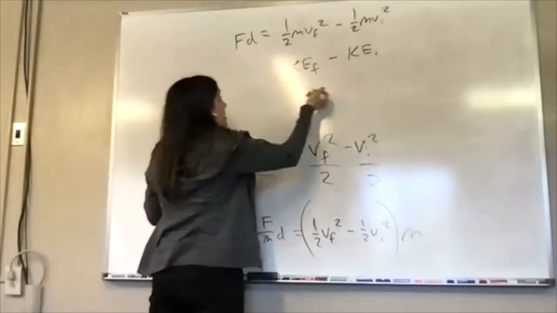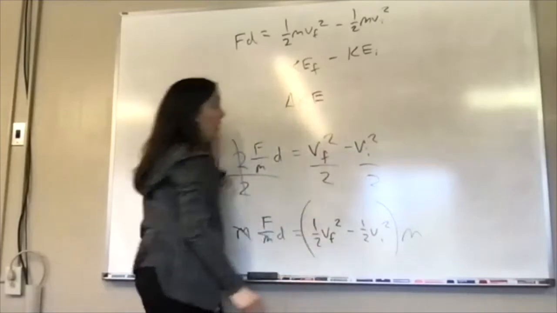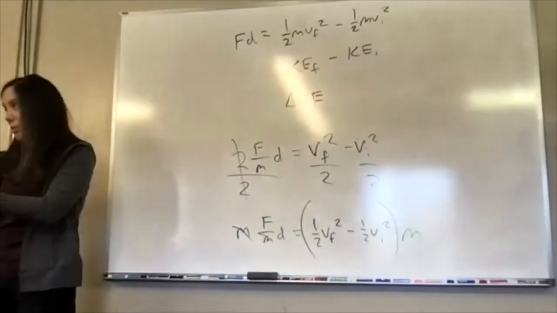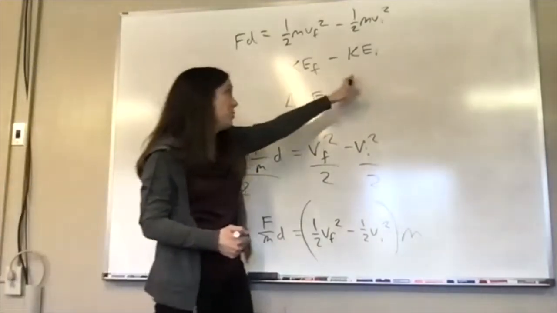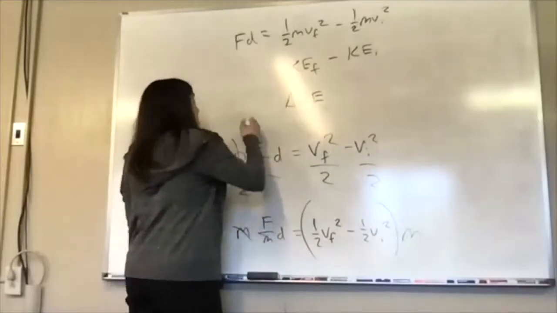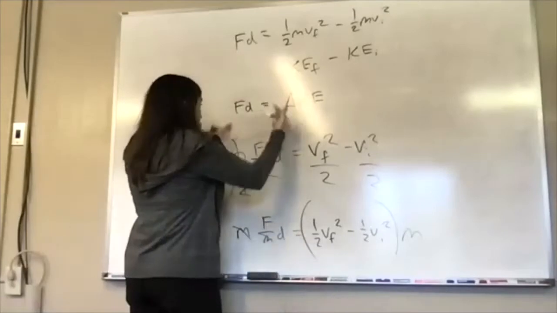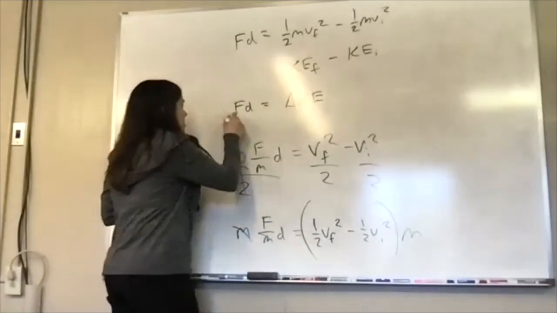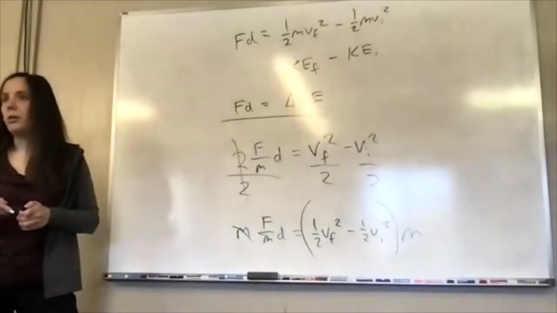So that's the same thing as saying the change in kinetic energy, right? Because change in is always final minus initial. So final kinetic energy minus initial is the change in kinetic energy. So what we're saying is that force times d is equal to the change in kinetic energy. Where did you see force times displacement from yesterday?